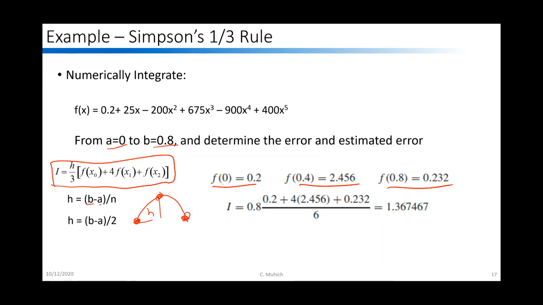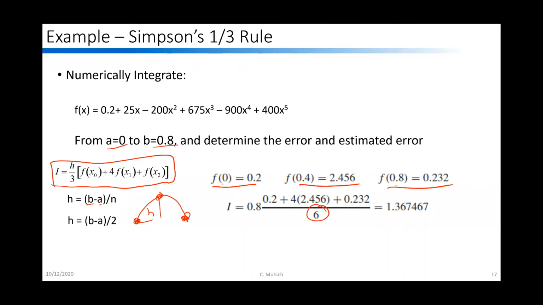So I can take my 0, 0.4, 0.8, and I can plug them into this top equation. So here I get 0.8 all over 6 times 0.2 plus 4 times that middle value, 2.456, plus 0.32. You may be asking yourself, where's this 6 coming from?